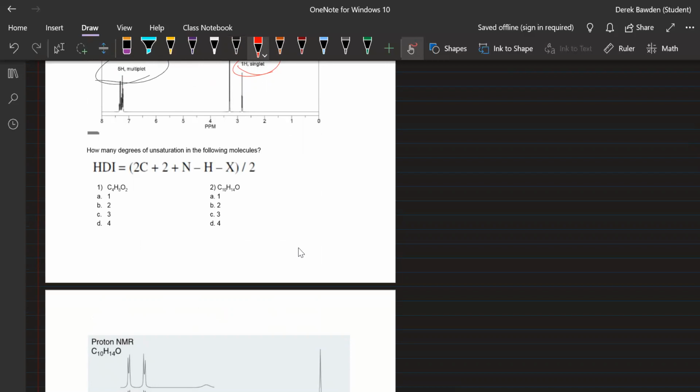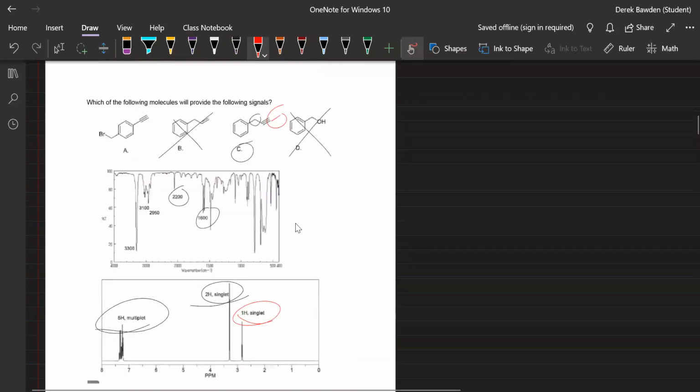I wouldn't have picked C because I was told triple bonds don't bend. As far as the signal goes, are you talking about these right here?